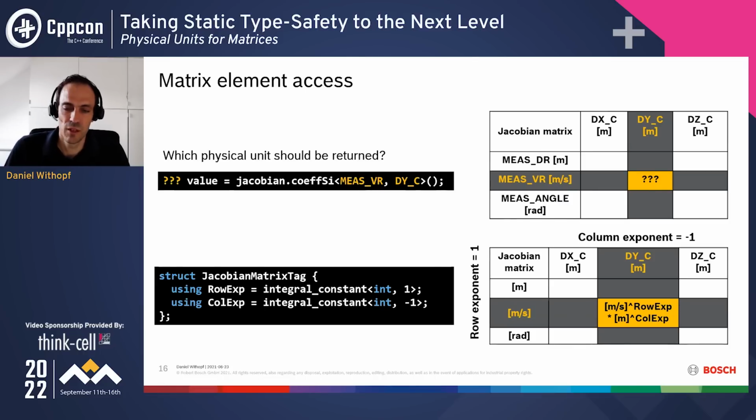We simply have to take the physical unit of the row, so this is here meters per second. We raise it to the power of the row exponent. The row exponent is 1, as we mentioned. And then we multiply it with the column unit, meters, raised to the power of the column exponent, which is -1 in this case, meaning we're in the end dividing meters per second by meters. And then we end up with 1 divided by second.